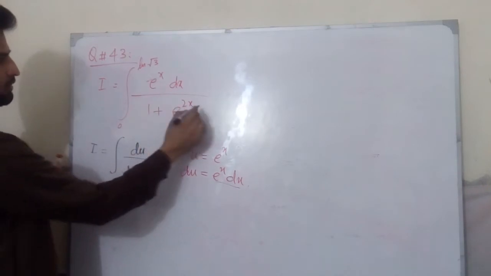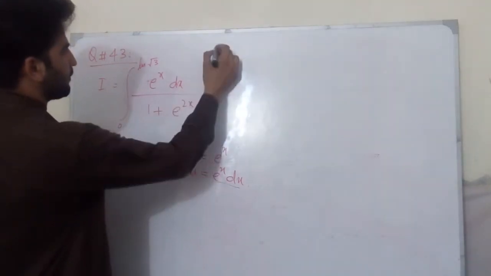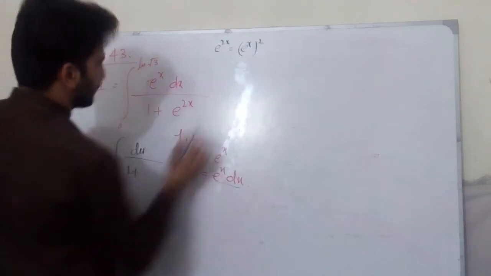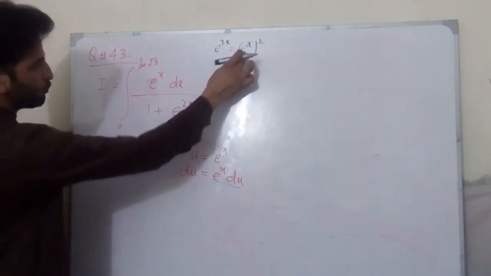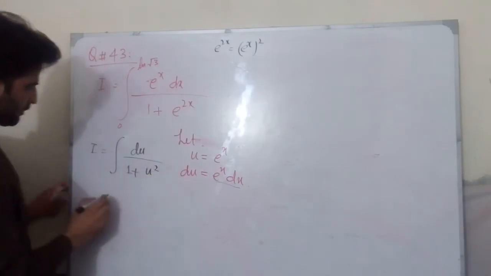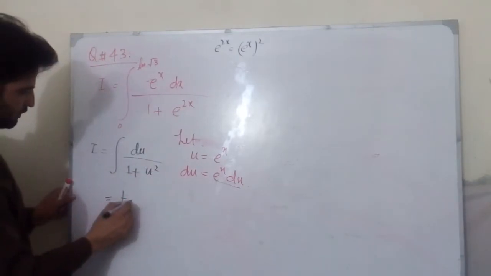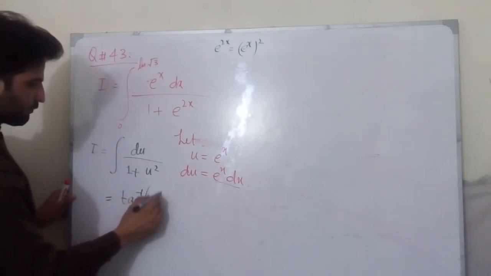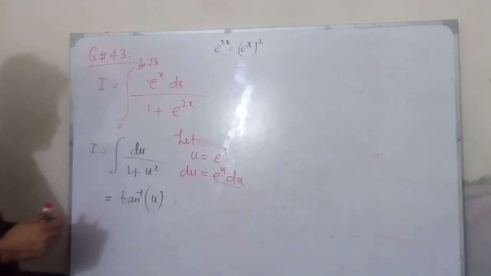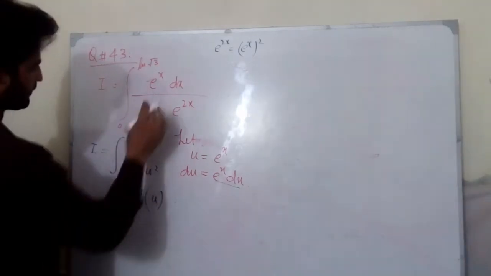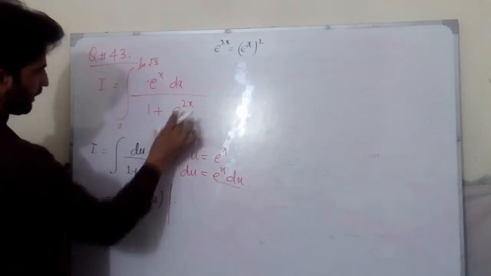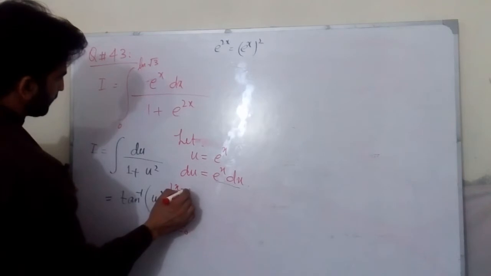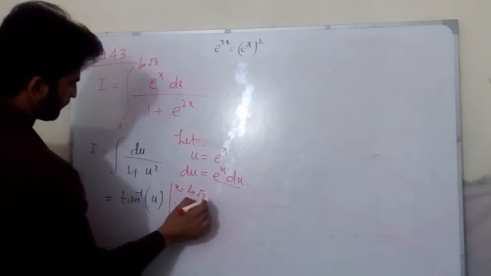We can write this as e power 2x, so e power x square. e power x is u, so u square. This will be equal to tangent inverse of u. Here the limit of x is 0 to natural log root 3.